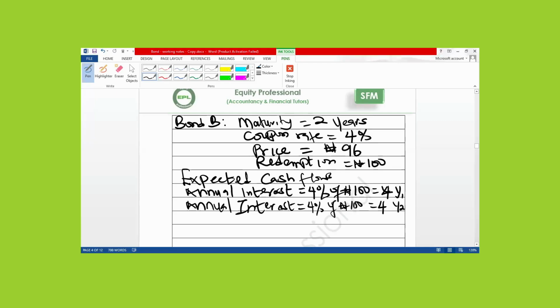At the end of year 2, the bond will be redeemed. Redemption value, ₦100, year 2.